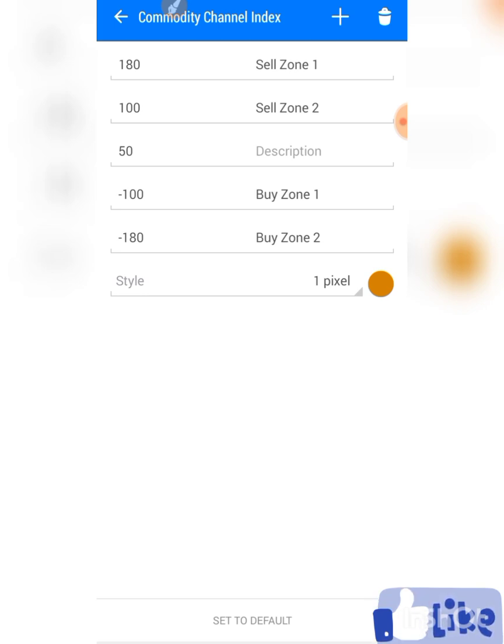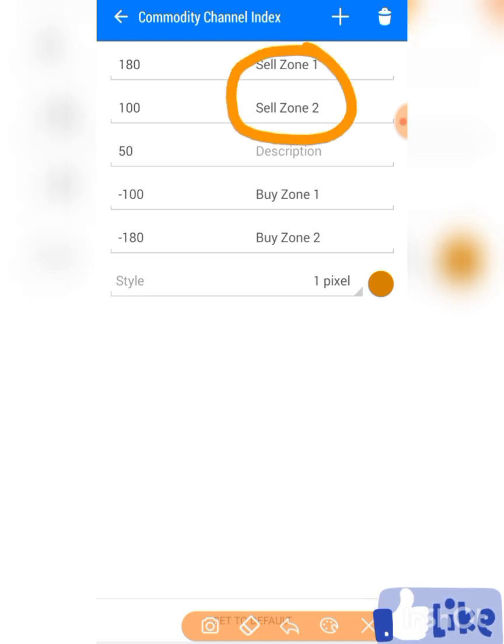The style is 1 pixel. Then the color, I choose a gold color. You can choose any colors that you want for these strategies. So these are the descriptions, because these sell zones will tell me that when it gets here, I'm selling, purposely for Boom, and then this is for Crash.